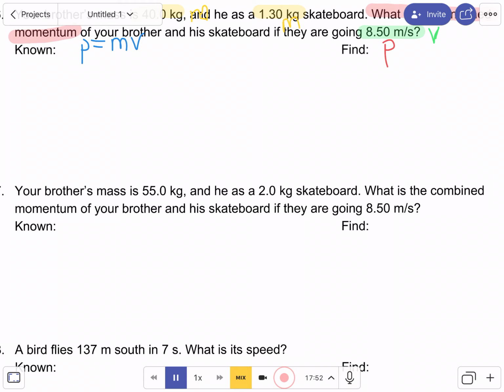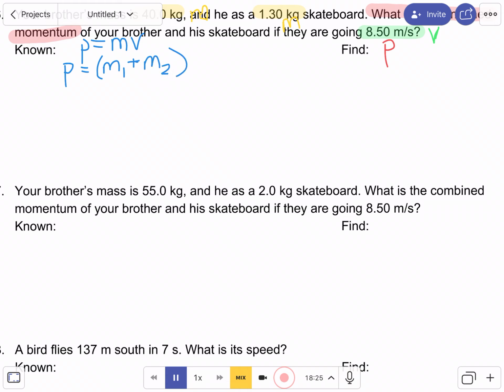So what we're going to do is, I guess our two options, they are both traveling at the same velocity. This is the only reason it's going to work so easily here, is I can expand this equation as saying the total or the combined momentum is equal to the combined masses. So I'm going to call them M1, mass 1, and mass 2.